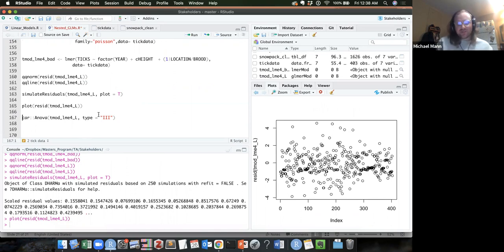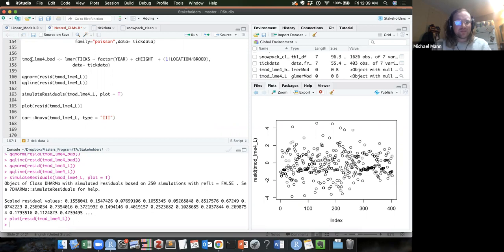If you have issues with homoscedasticity or overdispersion, there are other things we can do. You could use a negative binomial instead of the Poisson family. You can do more complicated stuff in that sense, but let's not worry too much about that unless you have models that are really wonky, and I can walk you through some of that.